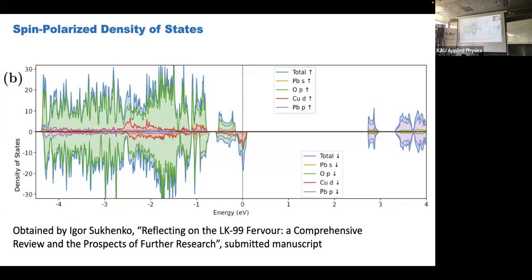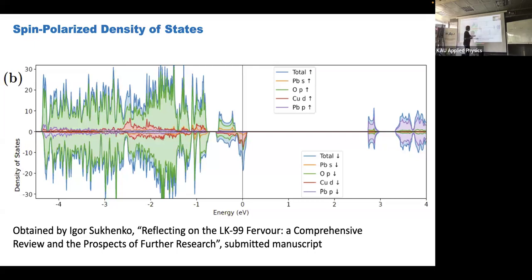But in DFT, it does not appear. And as I speculate in the article, this is due to the nature of the strong correlation of those proper d orbitals, that even DFT plus U cannot quite demonstrate it. And people were using other more sophisticated methods in theory as well to prove that.